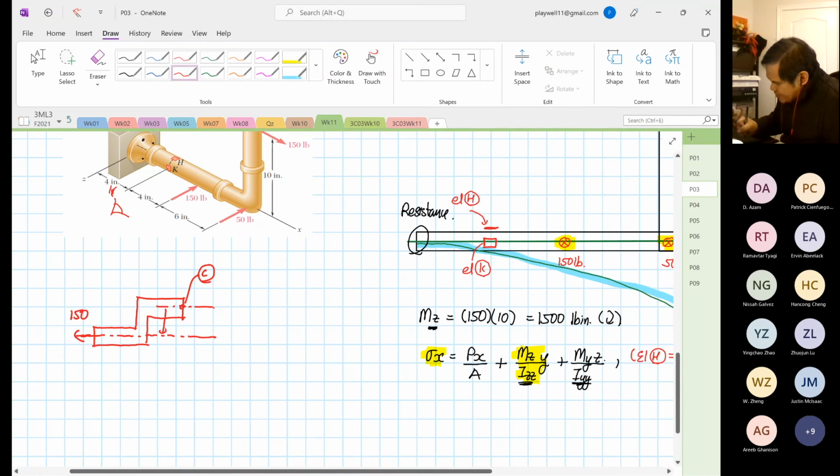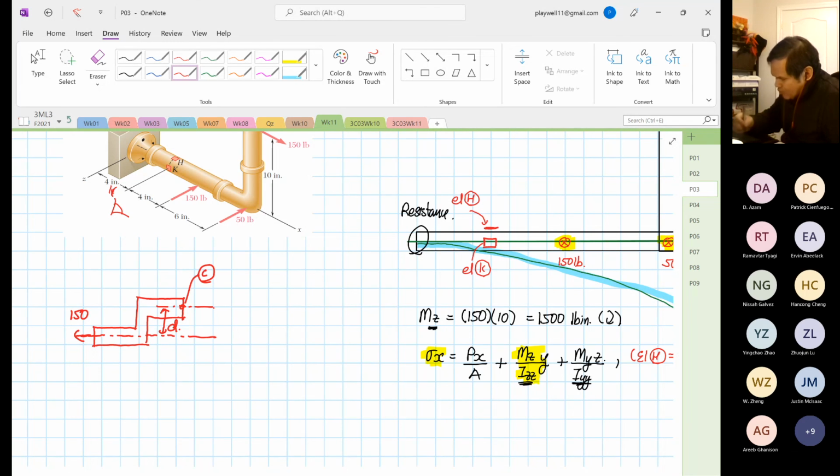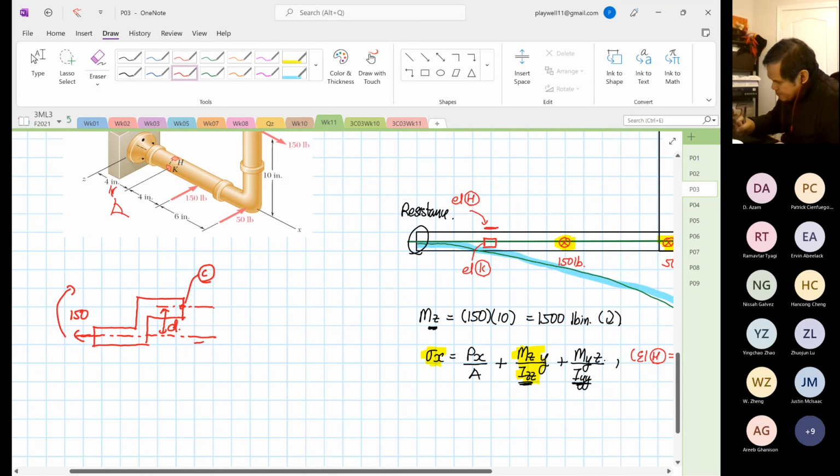We have a distance over here known as D. So what was our reaction? We know that this will generate a moment, and this moment will be equal to 150 multiplied by D.